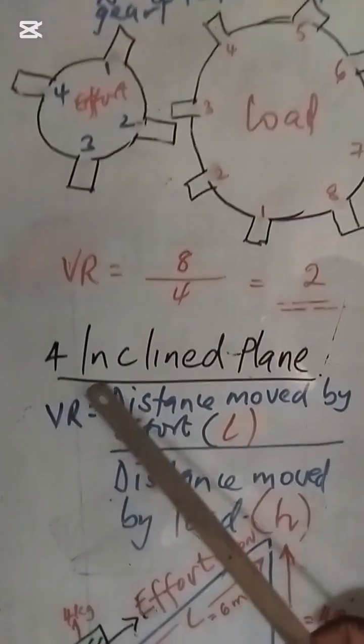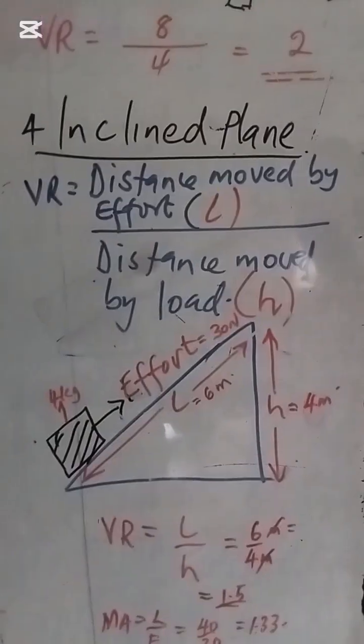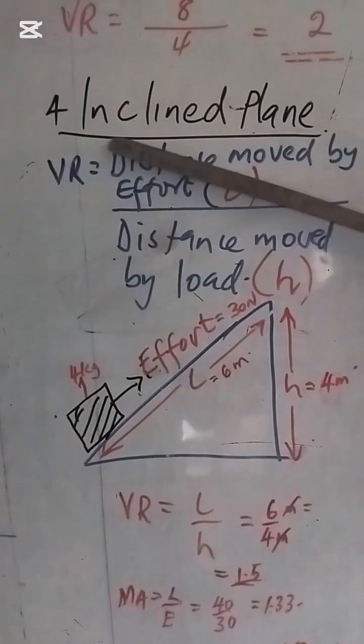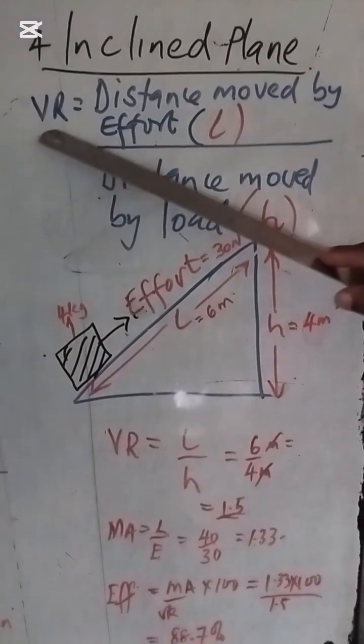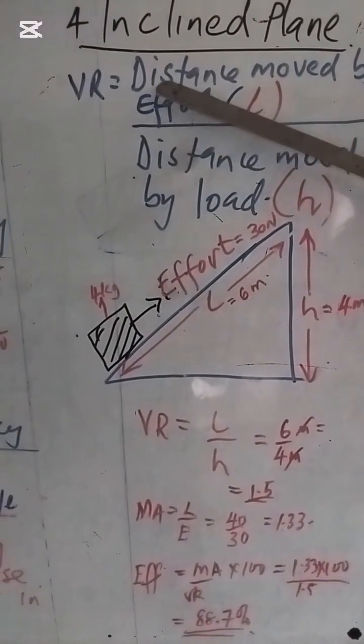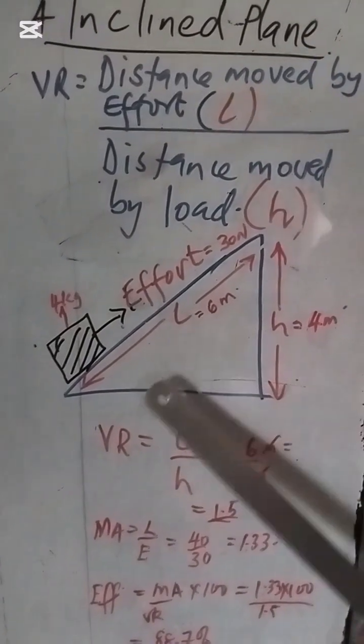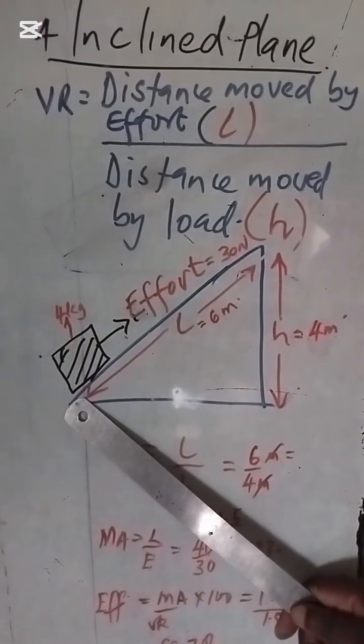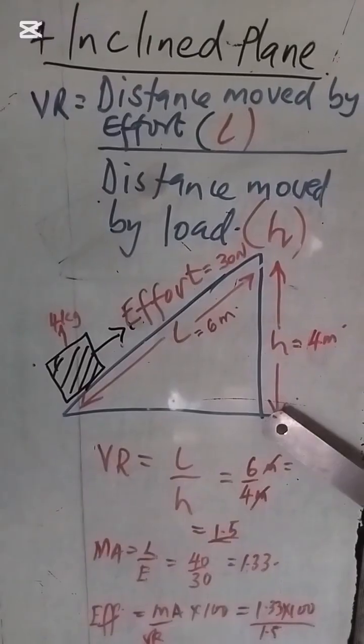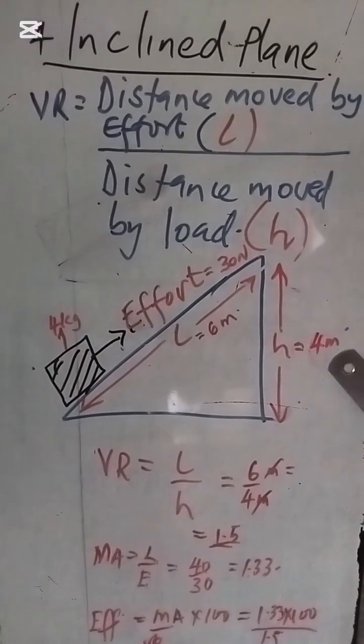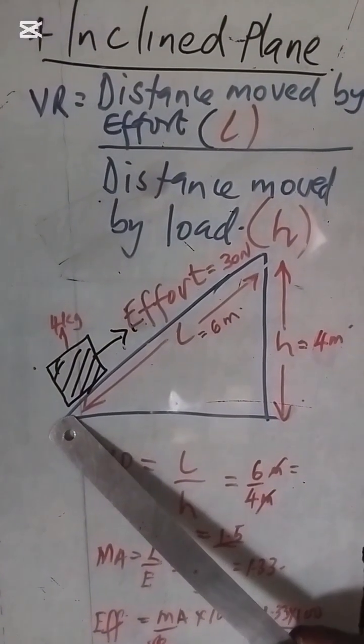Then the fourth type of machines are inclined planes. The velocity ratio of an inclined plane is distance moved by effort. Remember, your aim is to raise the load up to a height of 4 meters, but you can't do it straight away.